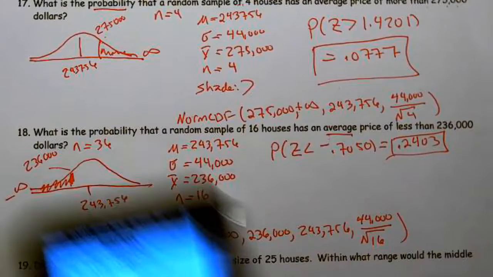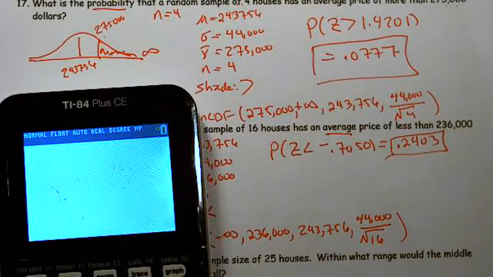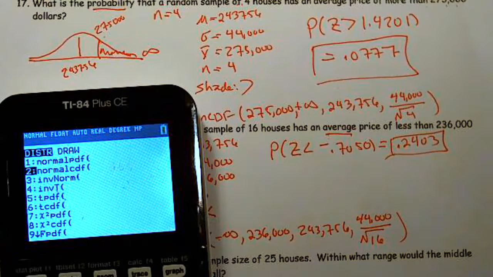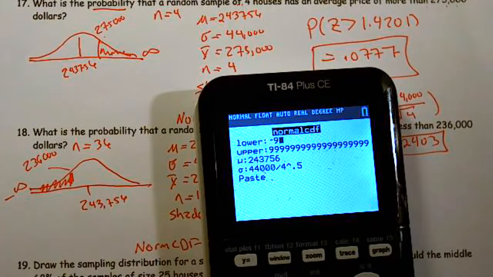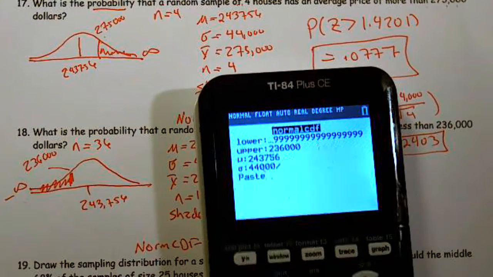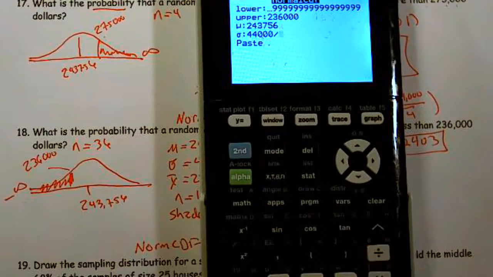So when I go about doing that in the calculator, second, bars, normal CDF, lower bound, negative infinity. So load this up with a bunch of nines because we are working with big numbers, so you're going to need a whole lot of them. My upper bound, 236,123. My mean, in this case, 243,756, and 44,123 divided by 16.